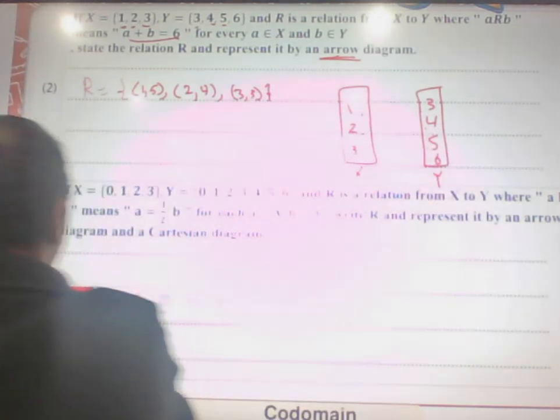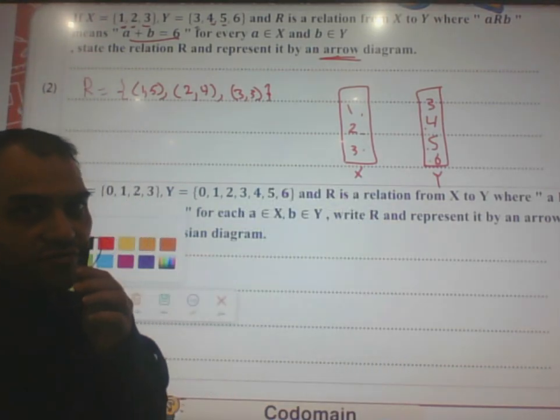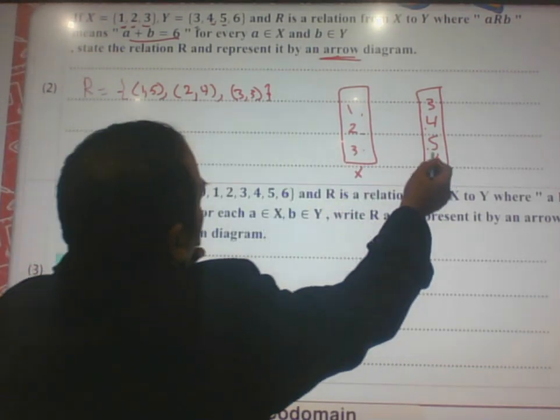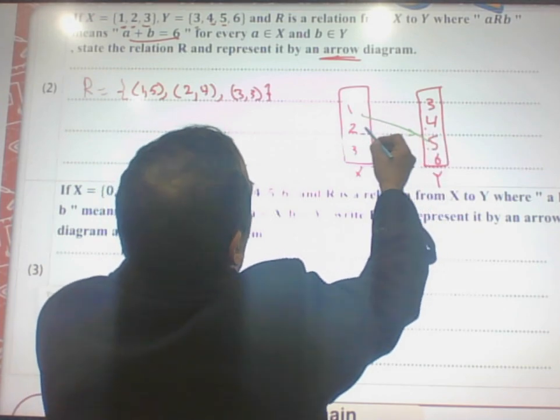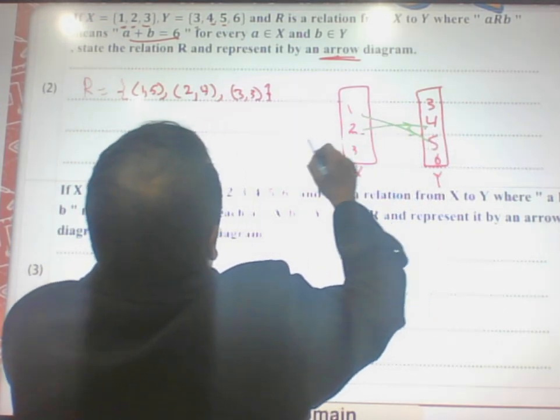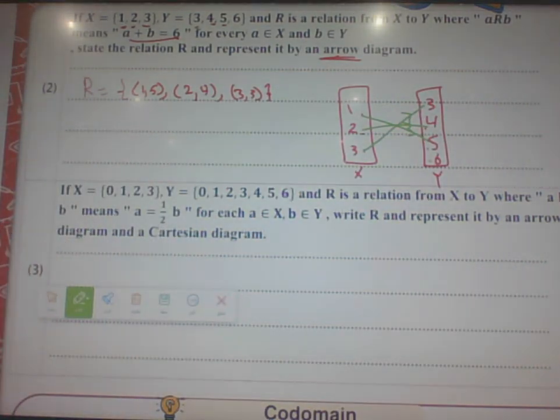Now I will draw the arrow diagram. Draw the line or the ray joining from the first to the second, 1 to 5. The image of 1 was 5, and the image of 2 was 4, because 2 plus 4 is 6, and 3 plus 3. Okay, we called it an arrow diagram.